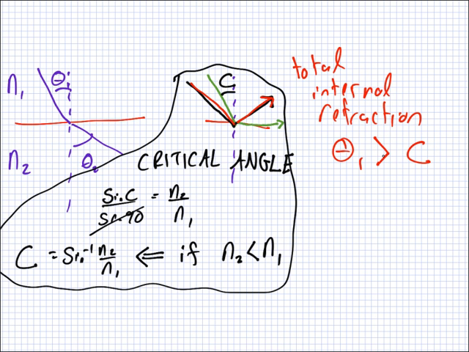So to have a critical angle, you need to go from a high index to a low index. Okay, you got that? Now, this is how you usually think about it, but in real life, it's a little bit messier than this, which is what I want to show you next.